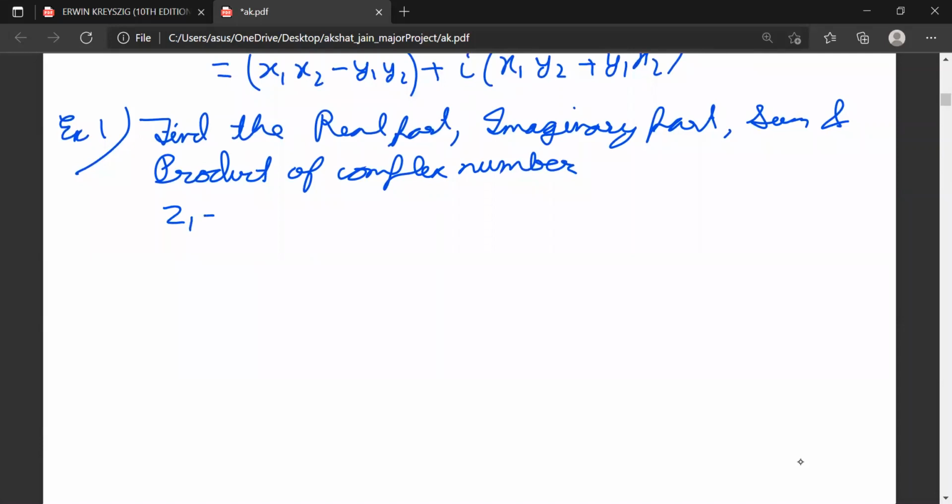Here z1 equals 8 plus 3 iota and z2 equals 9 minus 2 iota.